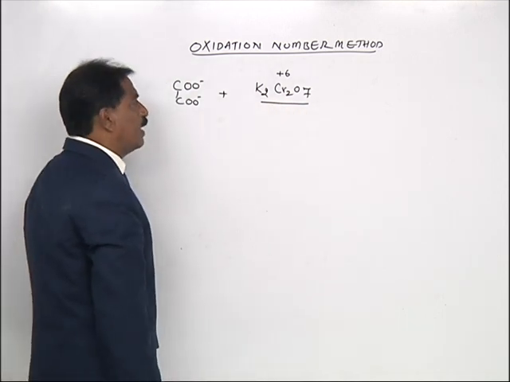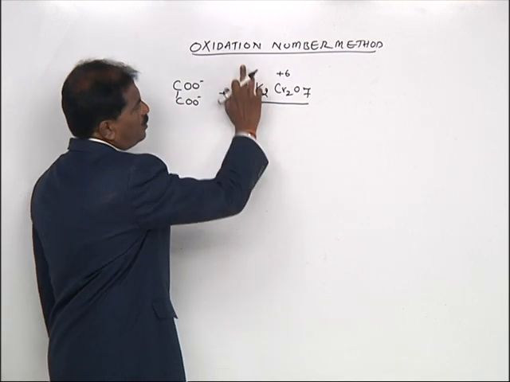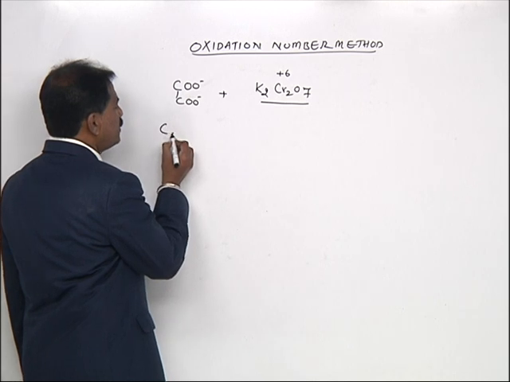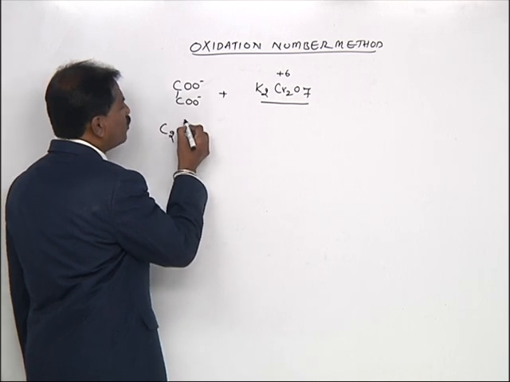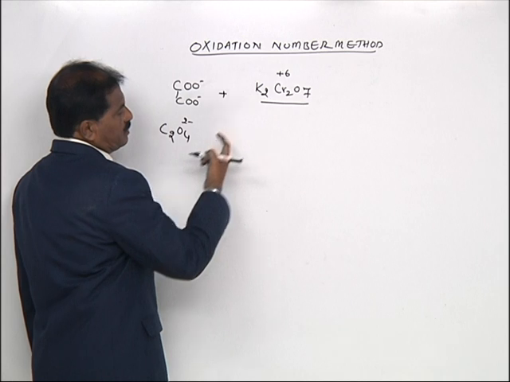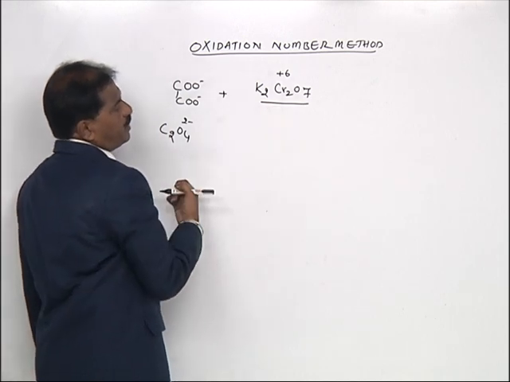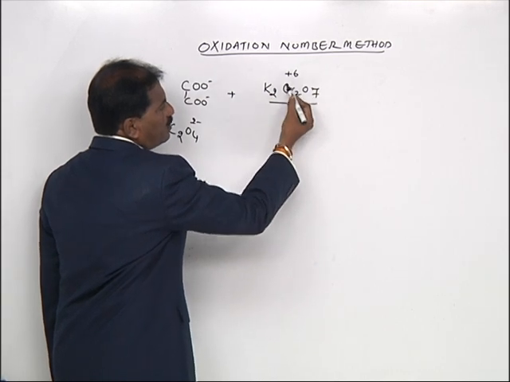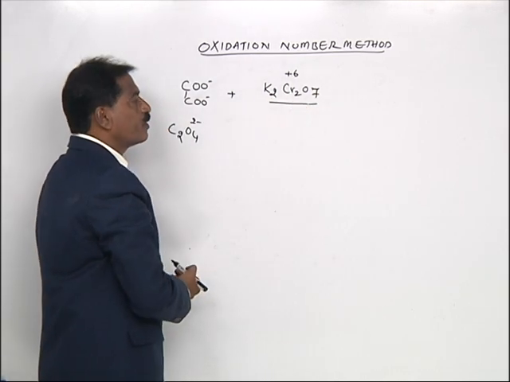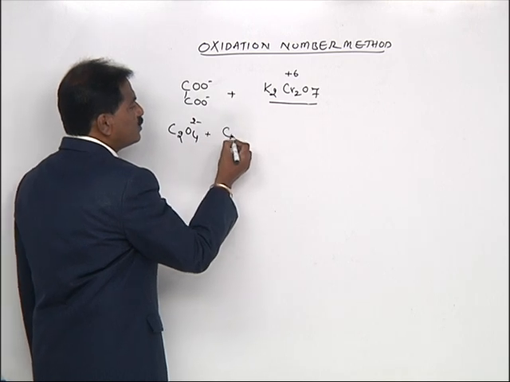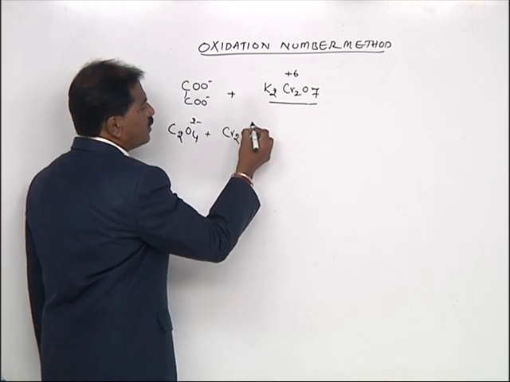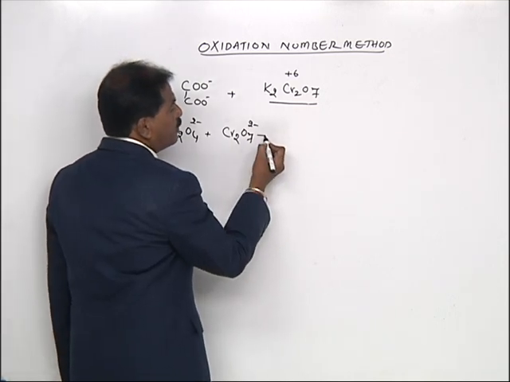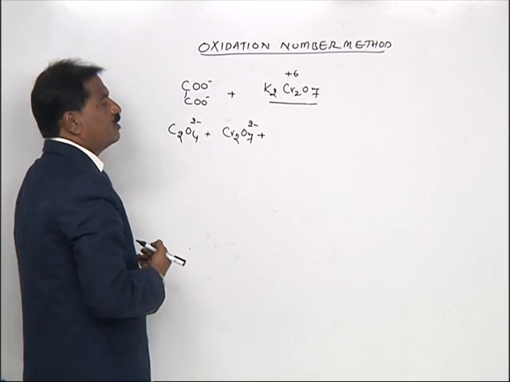Now, let us balance the reaction between these two species through the oxidation number method. I am representing the oxalate as C2O4 2-. Next, when K2Cr2O7 participates, the active species involved in the reaction is Cr2O7 2-. Therefore, I am showing only Cr2O7 2-. Now, let us conduct this reaction in alkaline medium.